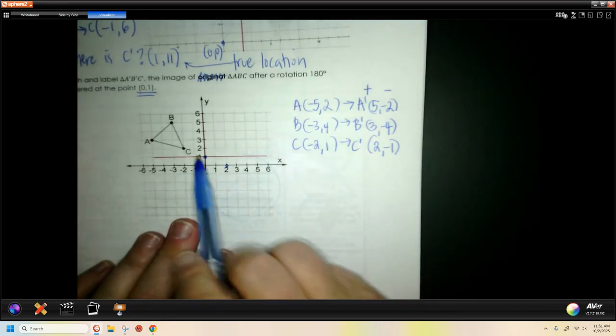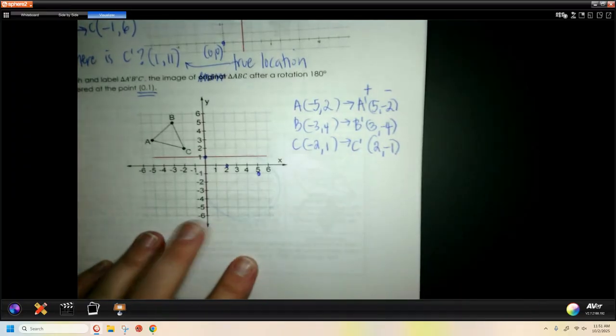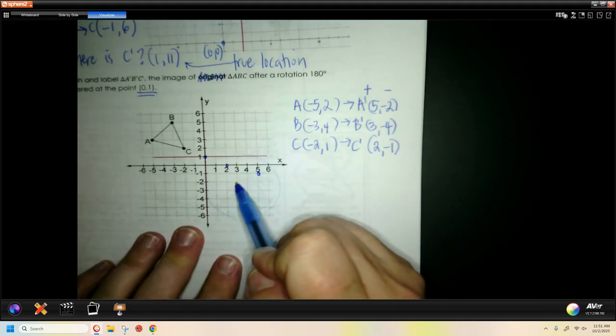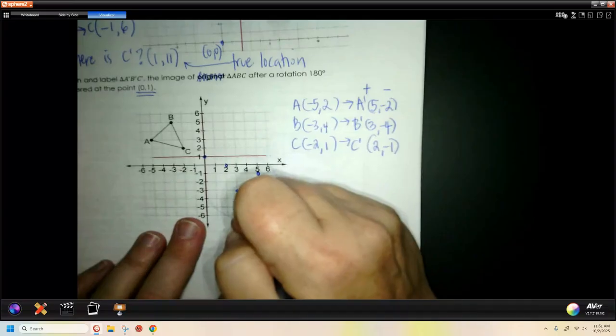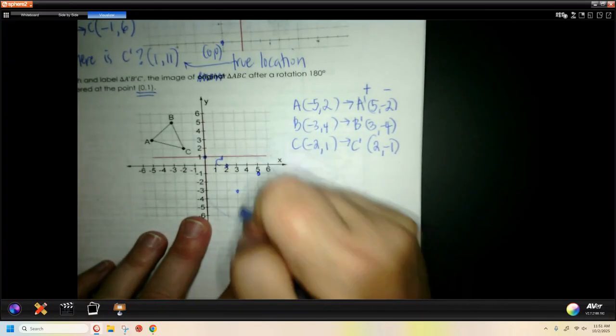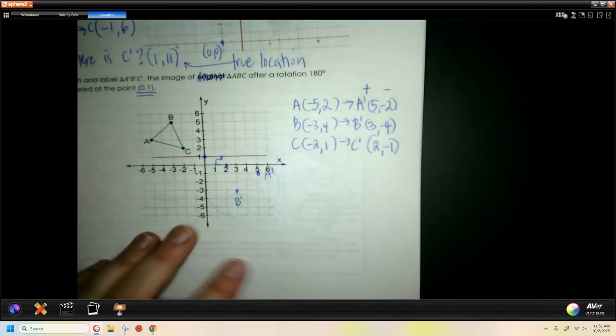So now I got to be careful also. I'm going over 5, but I'm going down 2. And I'm going over 3, but down 4. So this was C prime. Now this is B prime. This is A prime. All right.